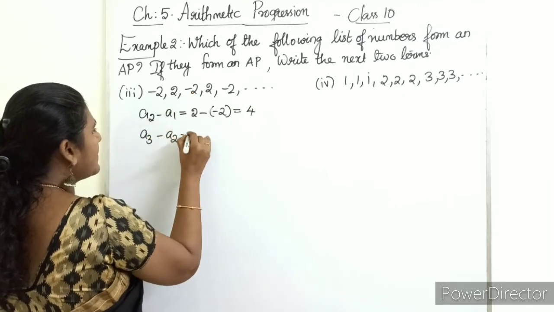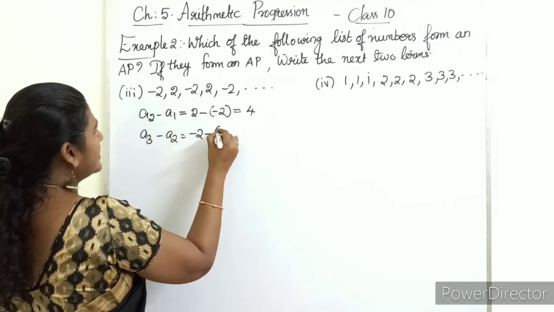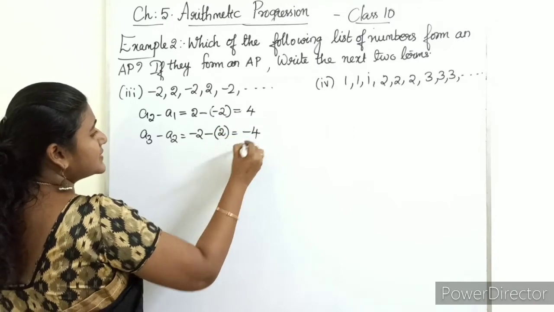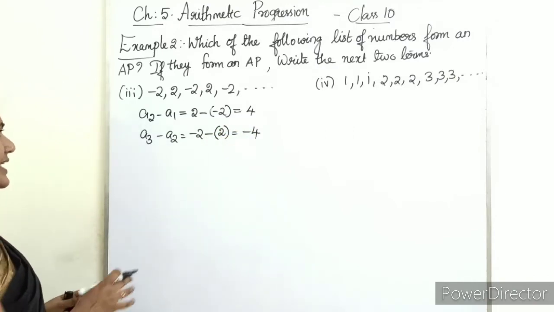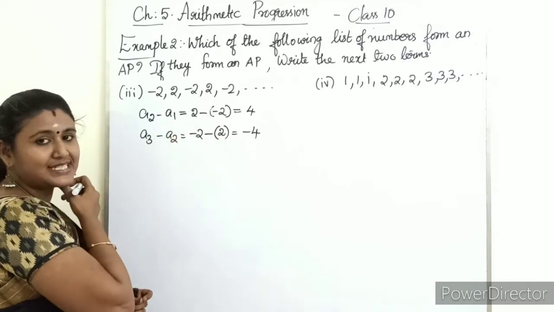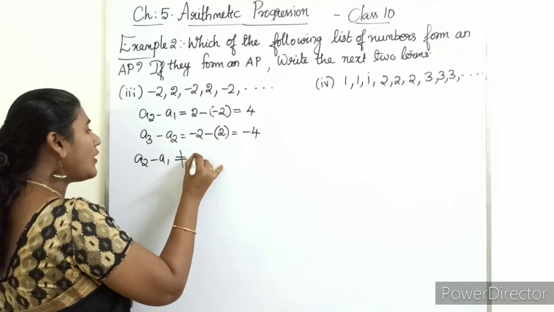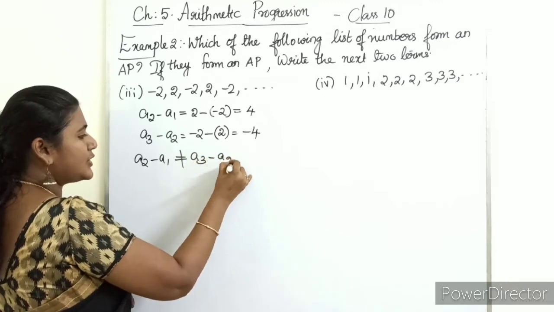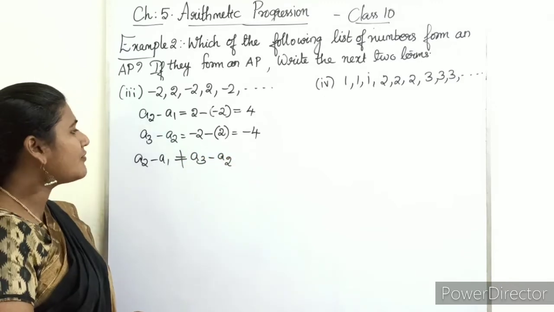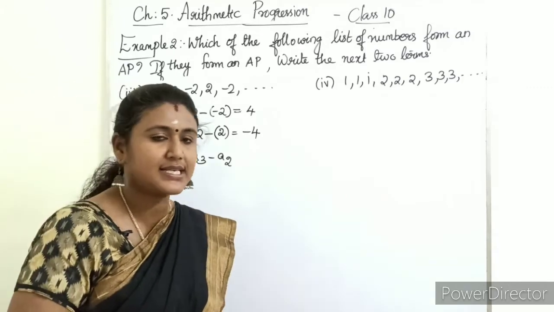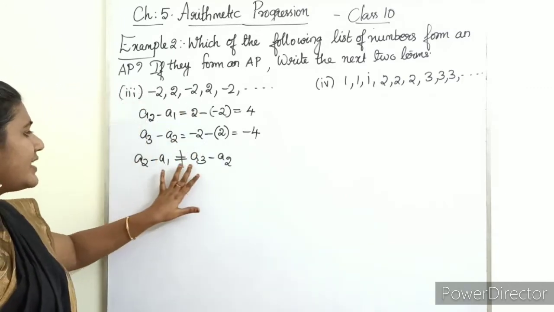So A3 is minus 2, minus 2 minus 2, that is minus 4. So here the first two differences themselves are not the same, that is A2 minus A1 is not equal to A3 minus A2. Then you need not find out A4 minus A3.